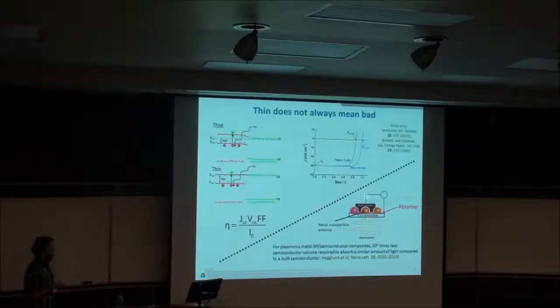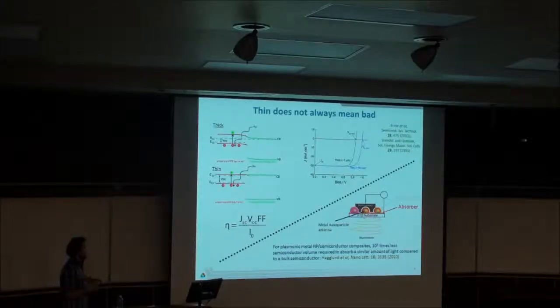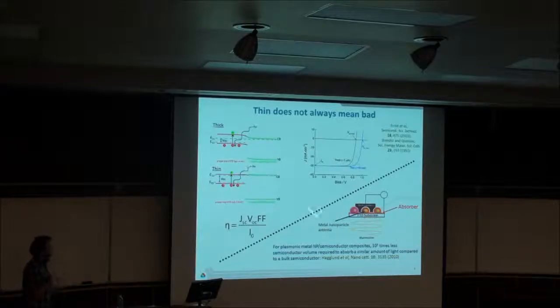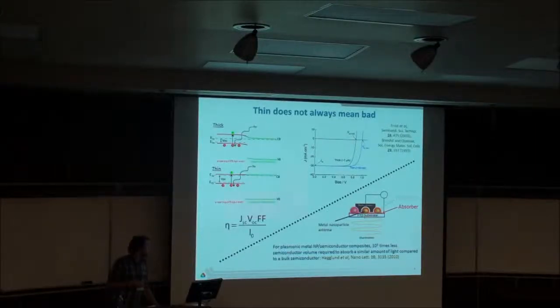Because plasmonics does this job, light is trapped in the nanoparticle antenna, and then the light is effectively absorbed by the layer of semiconductor on top of it. And of course, both problems are very nicely suited to atomic layer deposition capabilities.